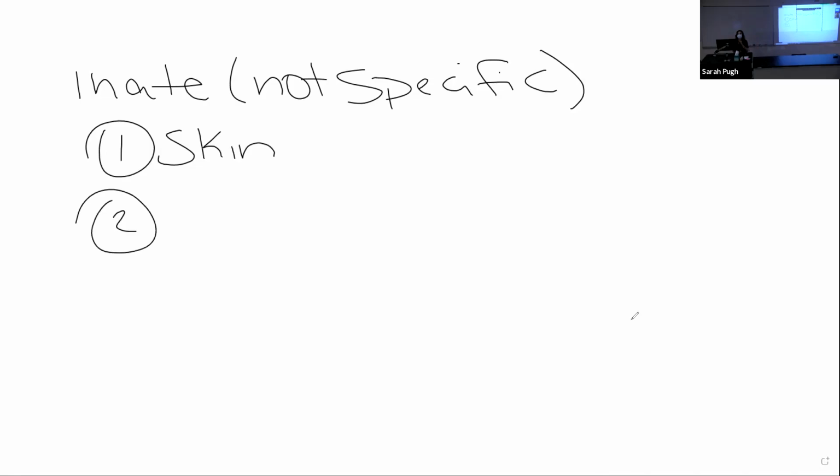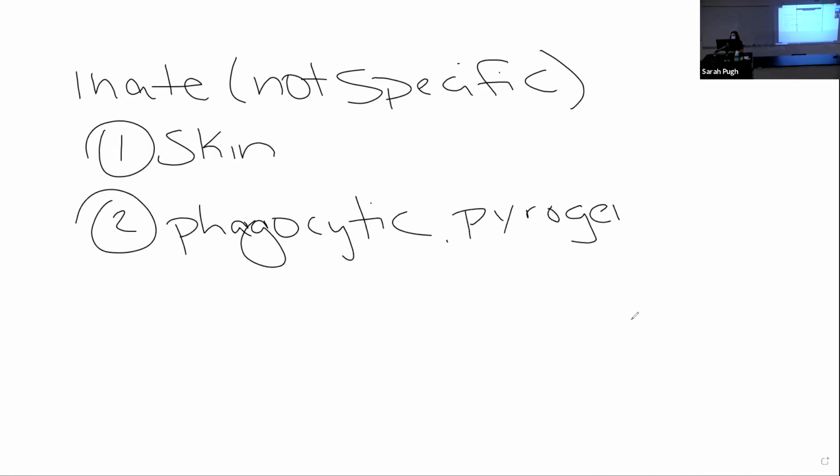Again, not specific. If something makes it through your skin, we have phagocytic cells to help gobble up foreign organisms. We have pyrogens to help you run a fever. We have interferons to help prevent viruses from replicating.